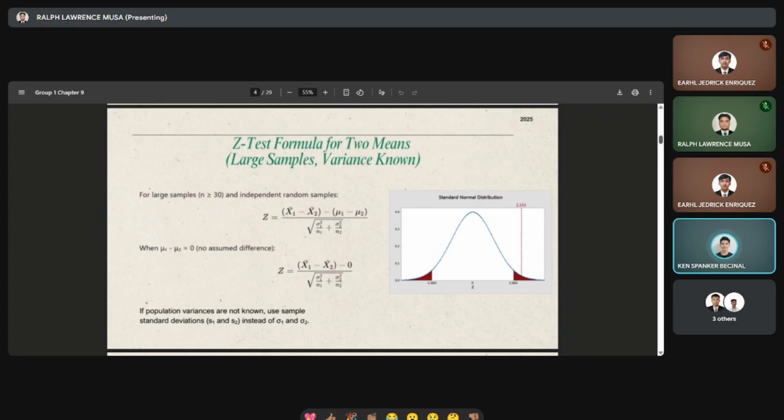Z-test formula for two means. When we deal with large samples, meaning each sample has at least 30 data points, and the population variances are known, we use the Z-test. The formula is on the screen, the formula of our Z-test.